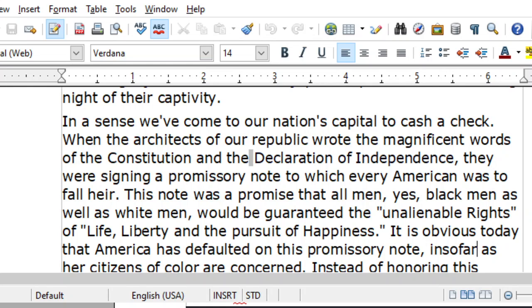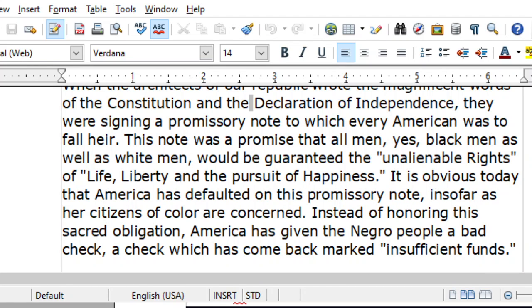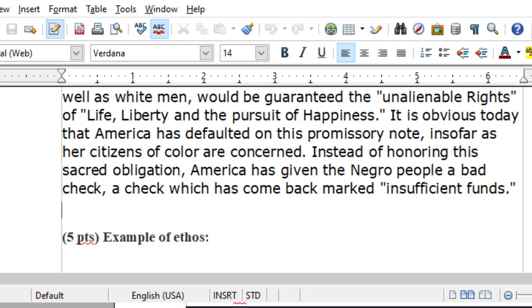It is obvious today that America has defaulted on this promissory note, insofar as her citizens of color are concerned. Instead of honoring this sacred obligation, America has given the Negro people a bad check, a check which has come back marked insufficient funds.